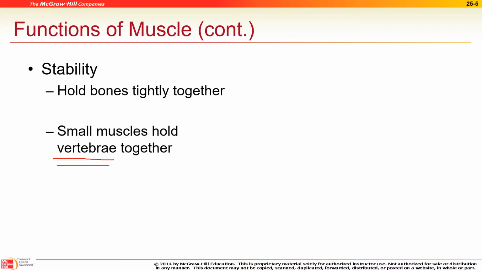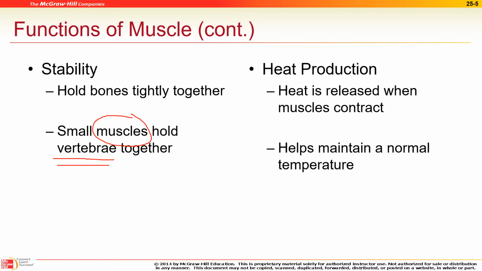A lot of people who have chiropractic problems, the doctor will actually give them exercises to strengthen these muscles. That way, their spine is held in place. It's aligned and the discs are held in place. So for some people, they just need to work out a little bit.